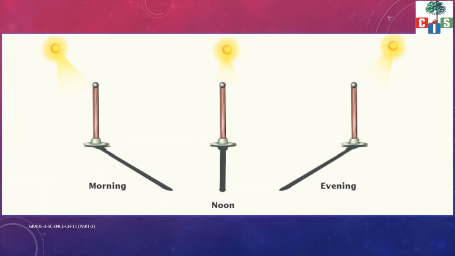But at noon, the sun is on top. Yes, that's why the size of the shadow is smaller as compared to the morning and the evening. Yes, it is an amazing thing which we have learned.